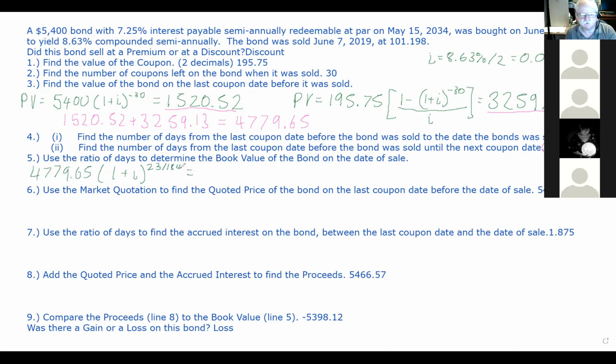And see what that equals. So recall 1 plus i, y to the x, bracket, 23 divided by 184, end of bracket, equals that, times 4779.65.